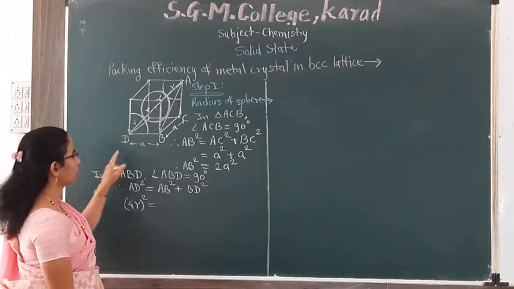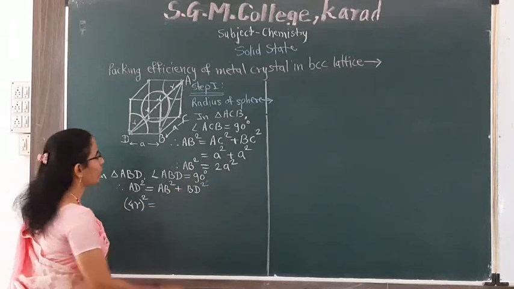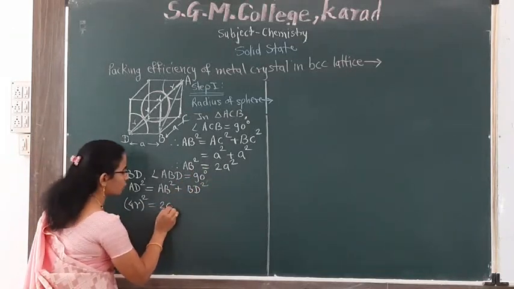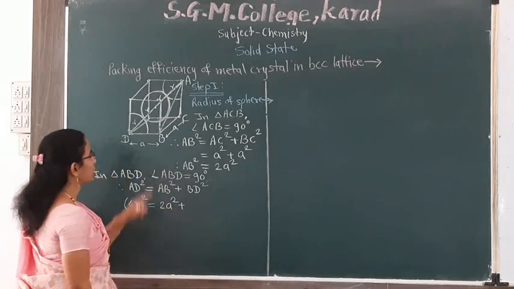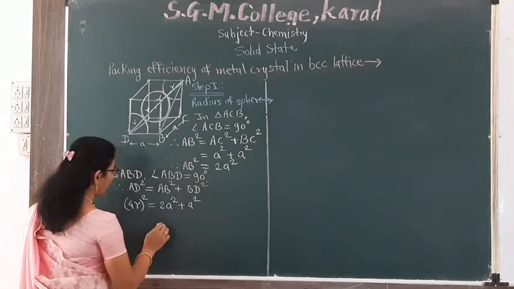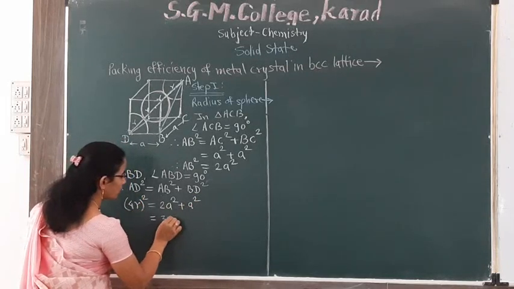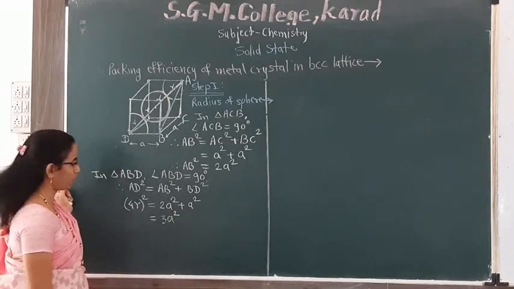4r square is equal to AB square plus BD square. Now we have determined the value of AB square, it is 2a square, and BD square will be a square. And that's why you will get 4r square is equal to 3a square.